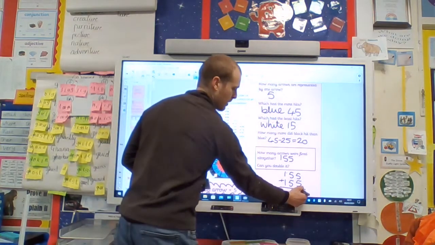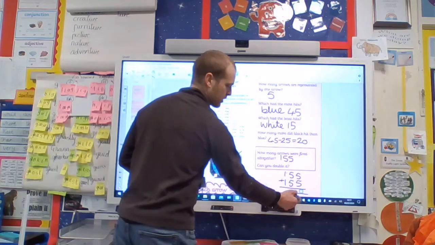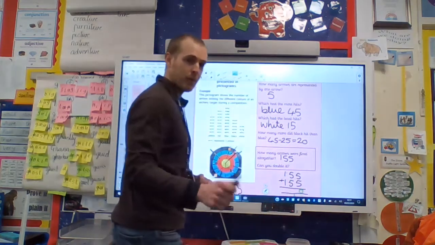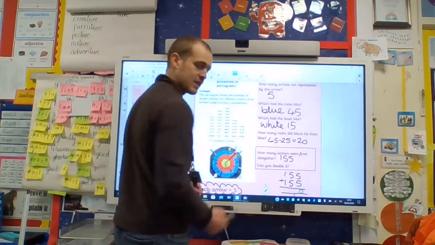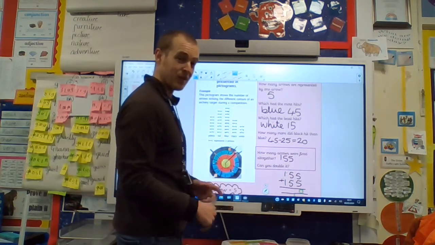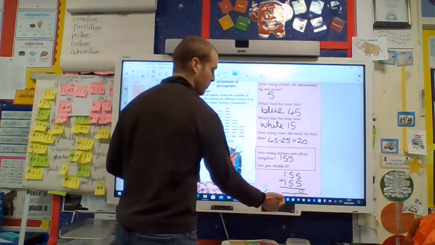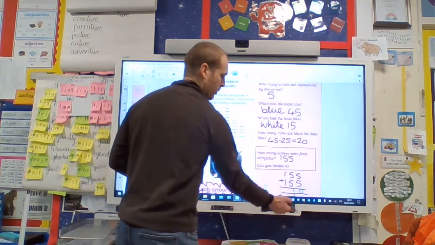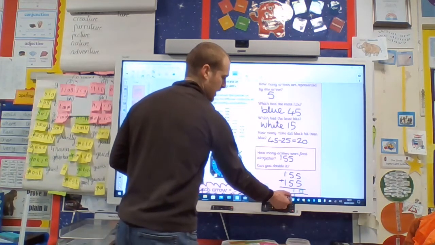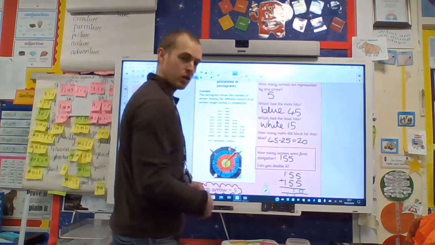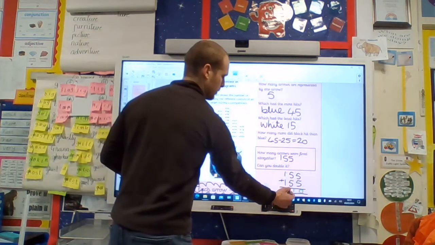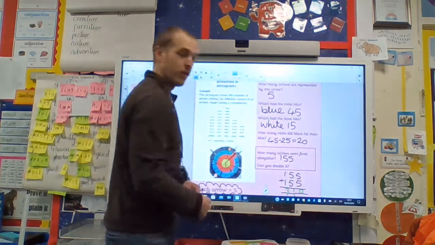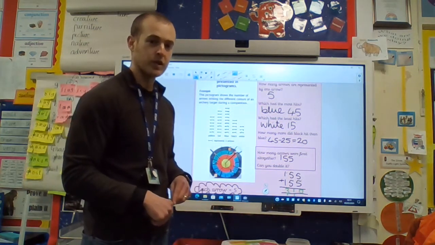So we put the 0 for the ones in there, and then we exchange our 10. Remember to add that on in a second. 5 add 5 is 10. Add 1 more is 11. Again, another 2-digit number. We take the 1 and pop it in the tens, and then we exchange the 10 tens, which is 100, across. 100 add 100 add 100 equals 300. 310 arrows were fired altogether.